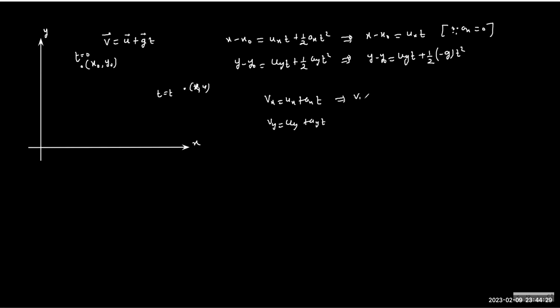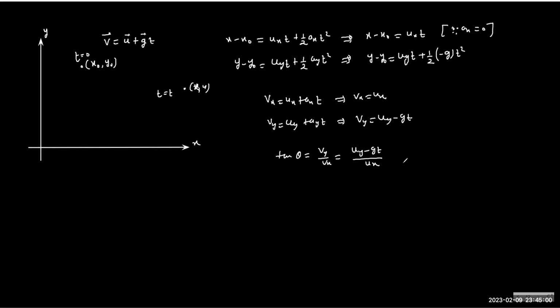And again, this will become this much because nothing is going to change. Ax is 0. Because I have no idea about uy as of now, so I can just start like this. And then I can always add tan theta or tan alpha. And then you can solve the question.